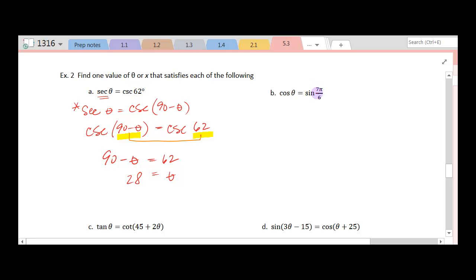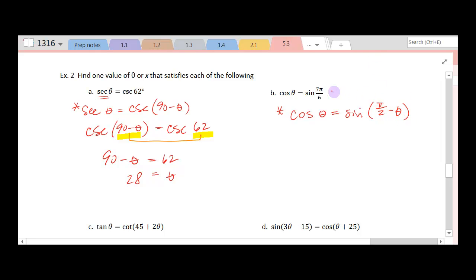Okay, so that's applying the cofunction identity using degree measure. Let's do the same thing, only in this example let's do it using radian measure. So cosine and sine are cofunctions of each other, and I already know the angle for the sine function, so I'm going to rewrite the left-hand side in terms of sine. In other words, the cosine of theta is equal to the sine of pi over 2 minus theta.